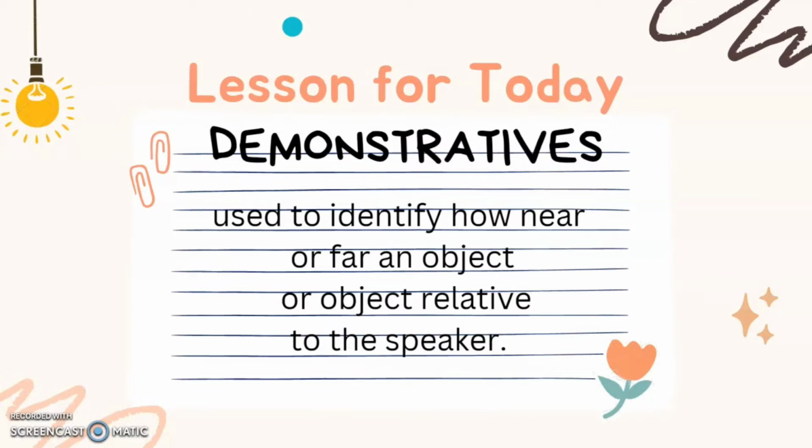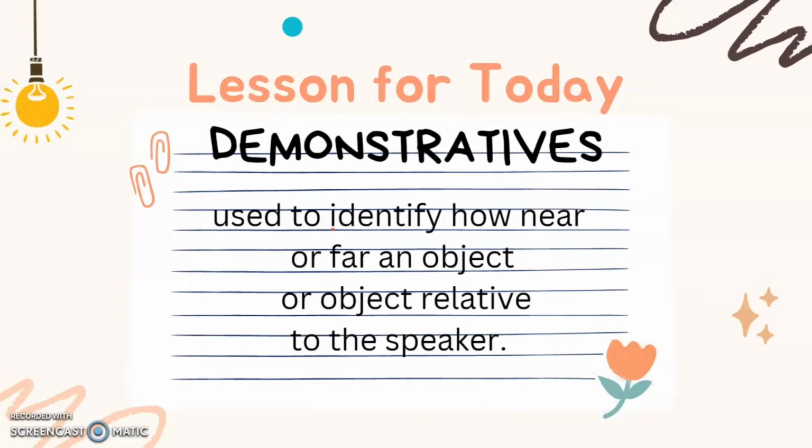When we talk about demonstratives, they are used to identify how near or far an object is relative to the speaker. Meaning, kapag meron tayong demonstrative, usually ang ginagamit niya is to identify the location or the distance of an object between the speaker and the listener.